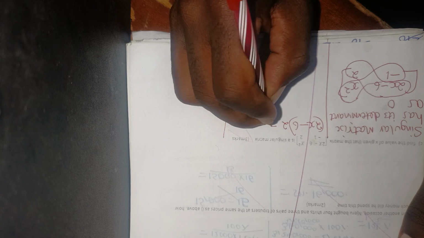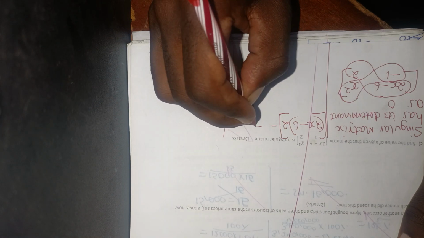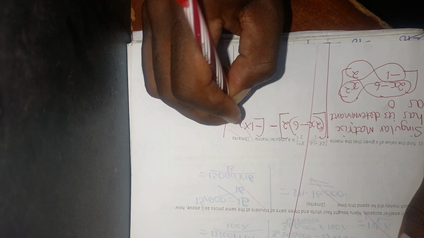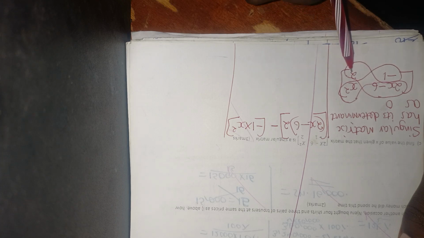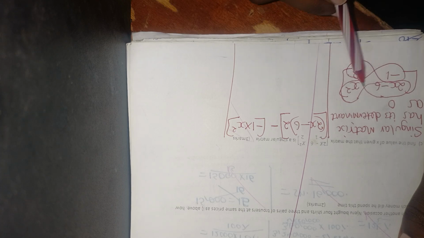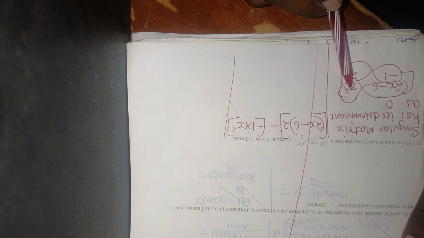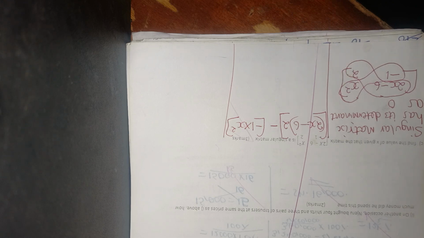So I'll begin. 2x minus 6, these are elements of the main diagonal, and their product is obtained, less negative 1 multiplied by x squared, which are elements of the secondary diagonal. So 2x minus 6 multiplied by 2, then negative 1 times x squared.